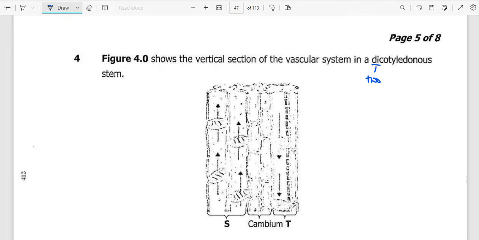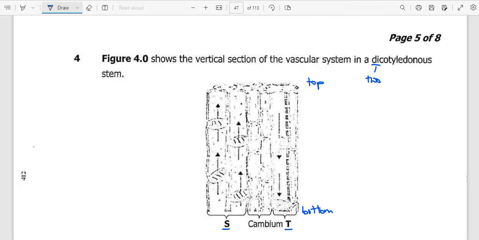In the stem, we have the cambium, which is here, and then we have S and then T. When you look at the arrows, there are arrows coming down from the top, and here we have the bottom.